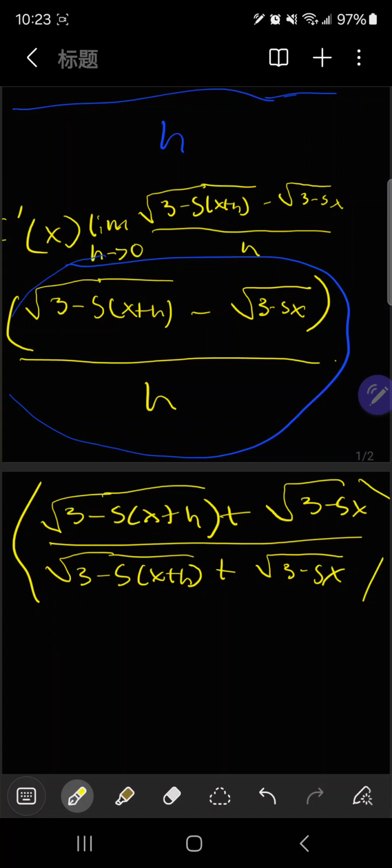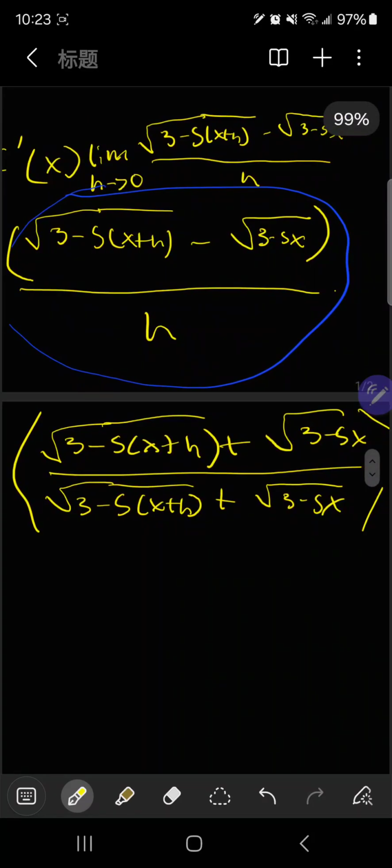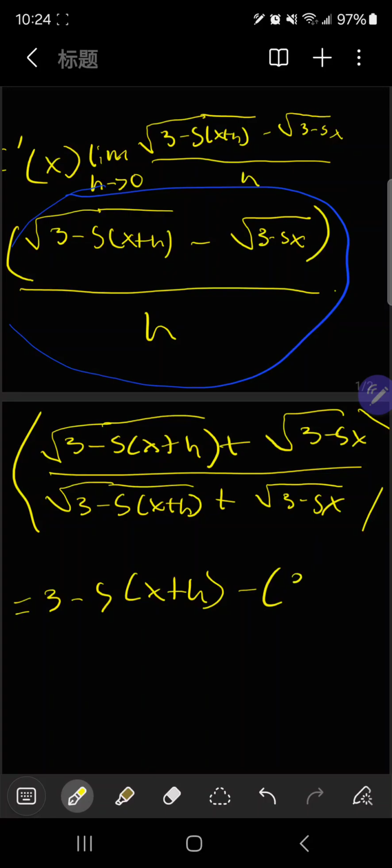So, what did we achieve here, guys? What did we accomplish? The reason I did this is because I wanted to get rid of the radical. So after I do that, what did I get? It's going to be the radical removed. So it's just going to equal 3 minus 5x plus h, because the radical is removed, minus 3 minus 5x.